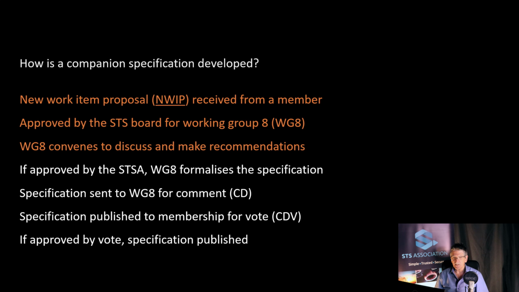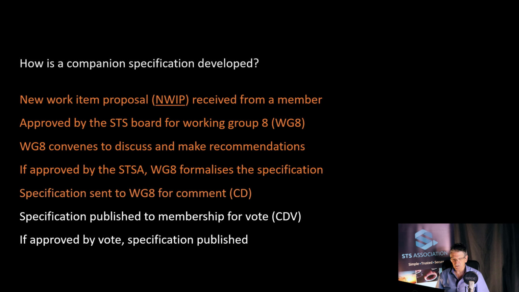Working Group 8 convenes to discuss the proposal and make recommendations. If the recommendations are approved by the STS Association, then Working Group 8 formalizes the specification. And that is quite a long process because there's obviously technicalities to work through, to make sure that all the use cases are covered, etc., etc.